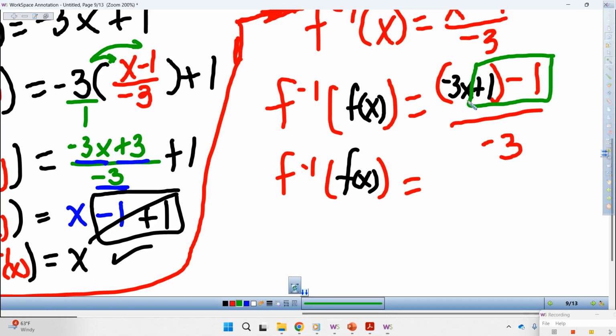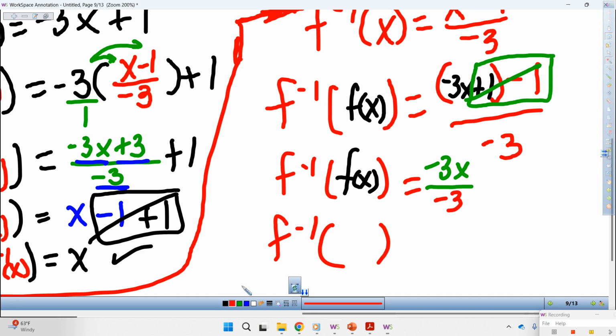Cancel out the ones, and we're left with negative 3x over negative 3. And last but not least, f inverse of f of x equals, what is negative 3 divided by negative 3, everyone? 1x.